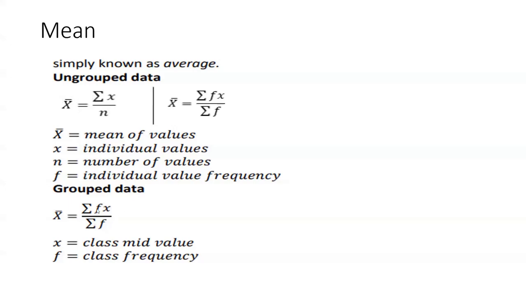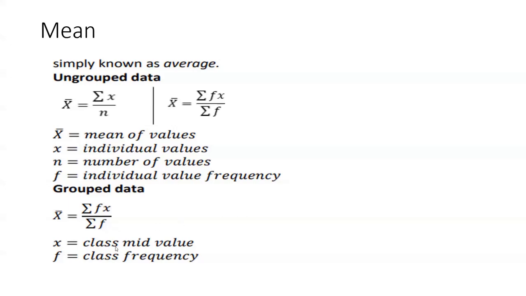If you have grouped data, obviously you would take this formula for finding the mean. f is the class frequency and x is the mid value. So you'll be having grouped data from, for example, 5 to 10, maybe 10 to 15.